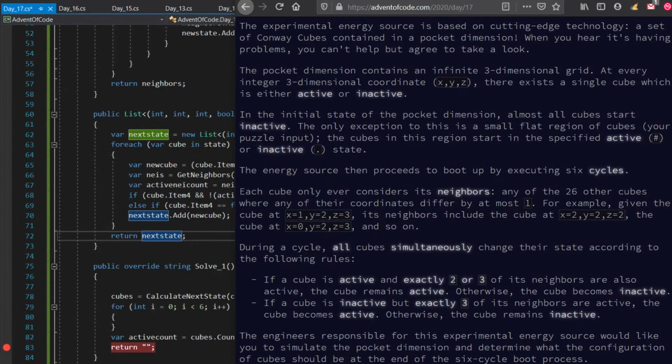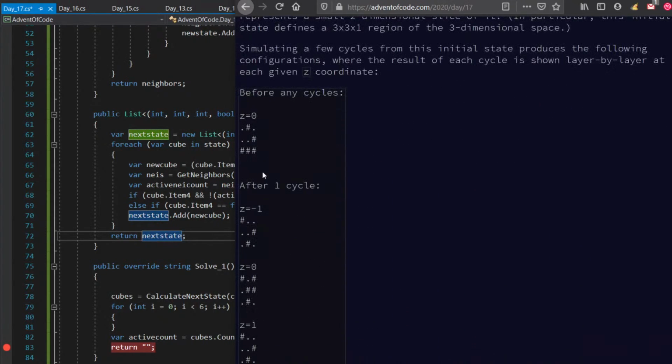I can't even figure out the rules. Yeah, I'm just baffled on what it's trying to explain. These rules don't match up with the example. Pushes position 0, 0, 0, which is right here.